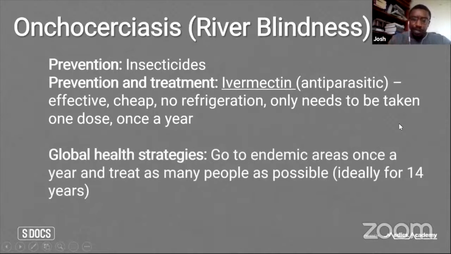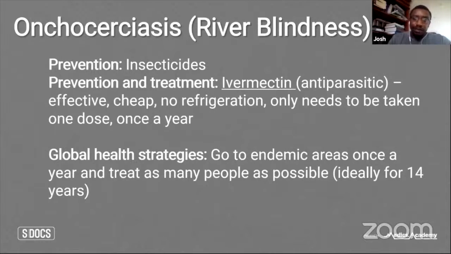These are the two mainstays that global health strategies or interventions will involve. They will go to endemic areas where the population is known to be at risk or have circulating onchocerciasis. First they will incorporate lots of insecticides, but importantly, they will treat everyone with ivermectin, as many people as they can, and they'll go back again every 6 months or every year and treat everyone again.